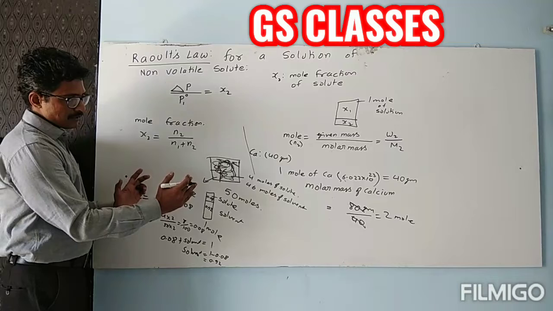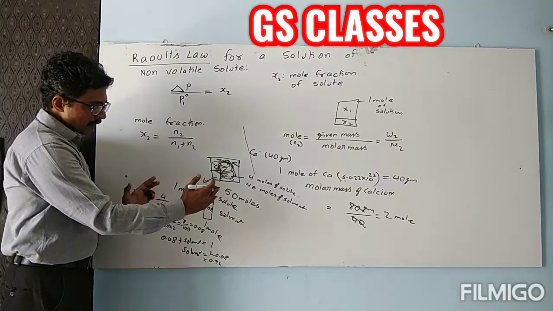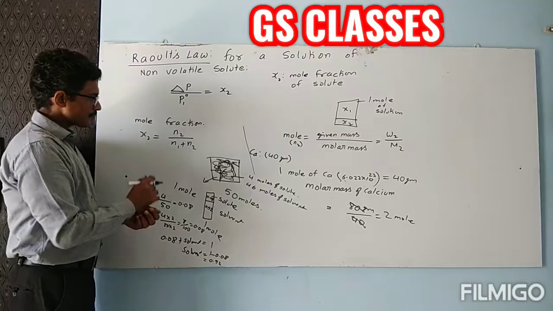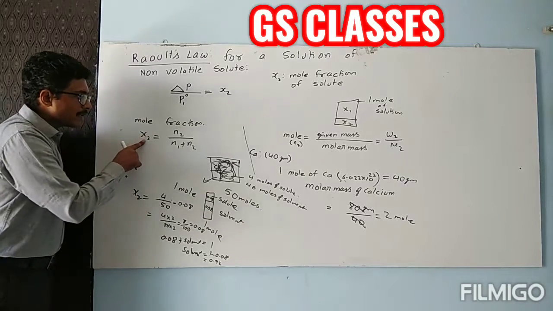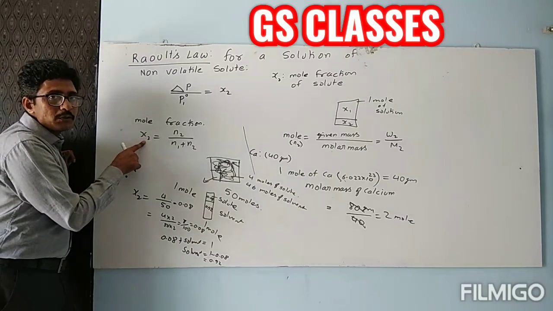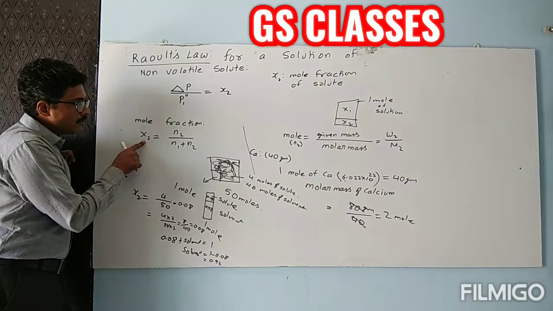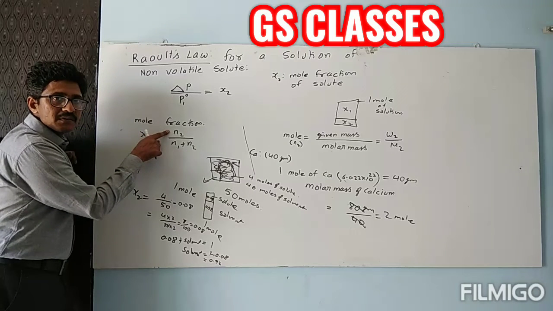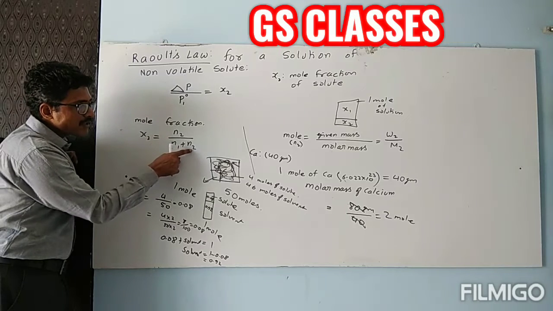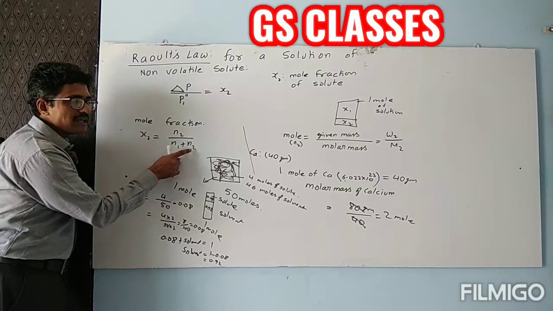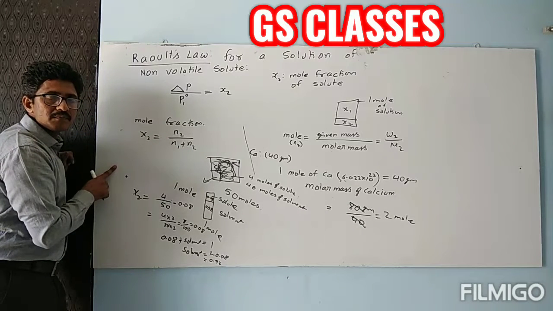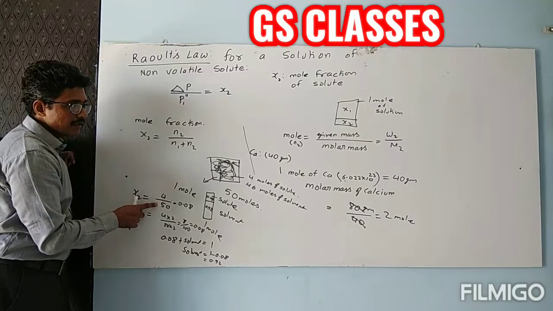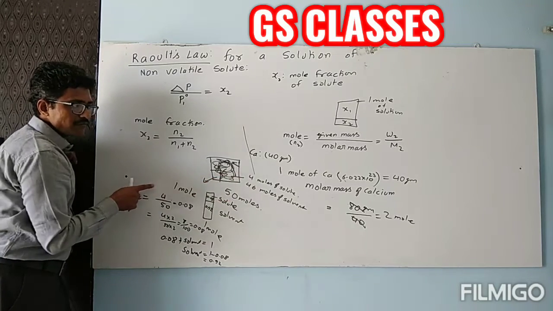So children, hope here the concept of mole fraction is clear with you. Whenever you are calculating mole fraction of solute, you write how many moles of solute are present divided by total number of moles of solute and solvent. Here I did the same thing. Moles of solute were 4.